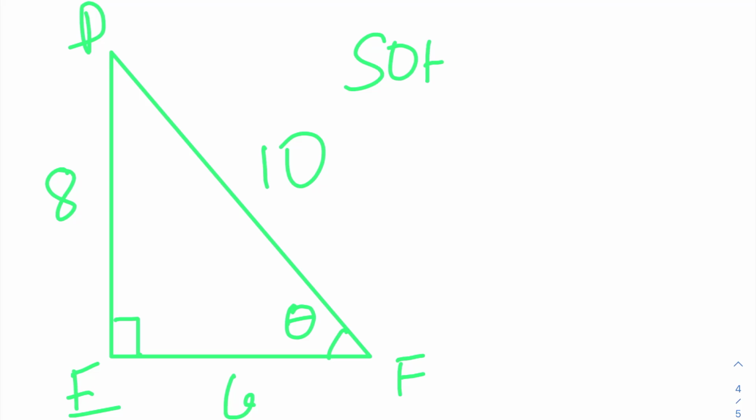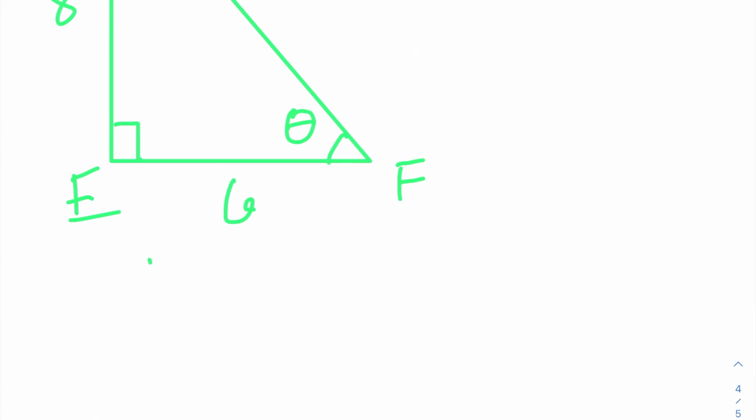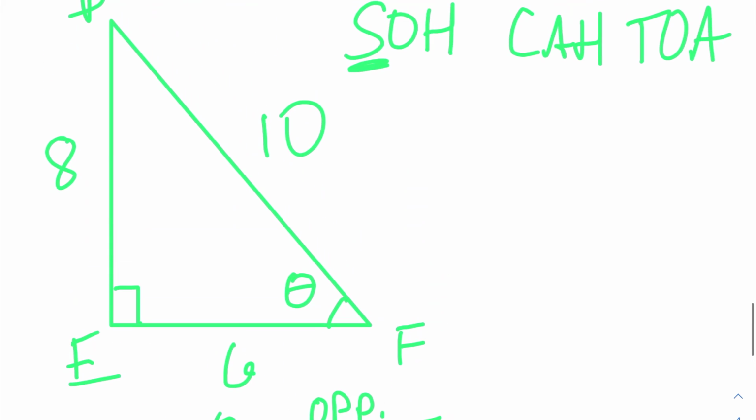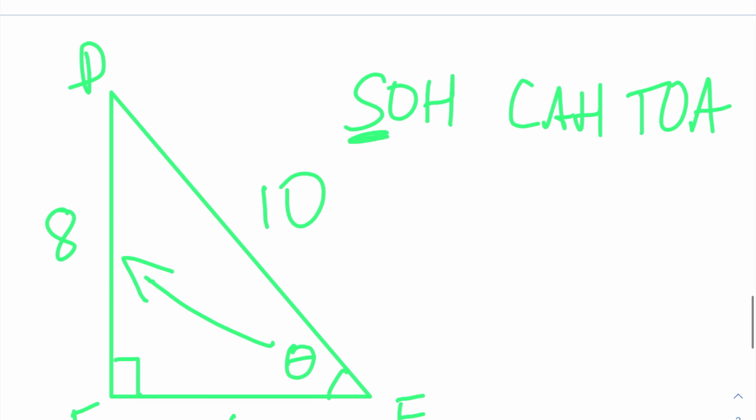So if we use SOHCAHTOA, we see that sine theta is equal to the opposite over the hypotenuse. And in this case, the opposite is DE, and the hypotenuse is always opposite the right angle, which in this case is DF.